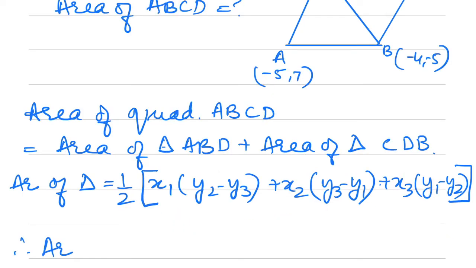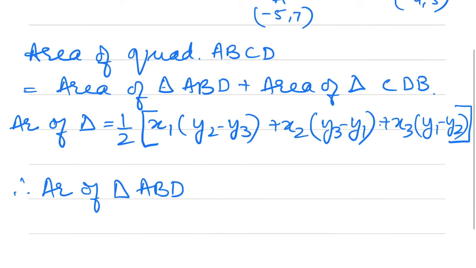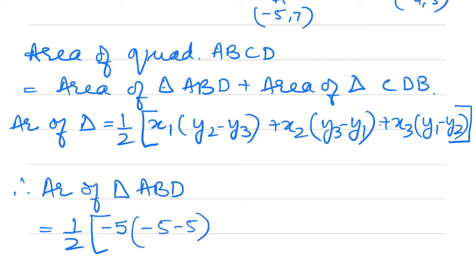Therefore, area of triangle ABD, we have half into, I'll substitute the coordinates for A, B and D. So we have x1 as minus 5, then (minus 5 minus 5) plus x2 is minus 4, then we have (y3 minus y1), so 5 minus 7, plus 4 into (y1 minus y2), so 7 and plus 5.